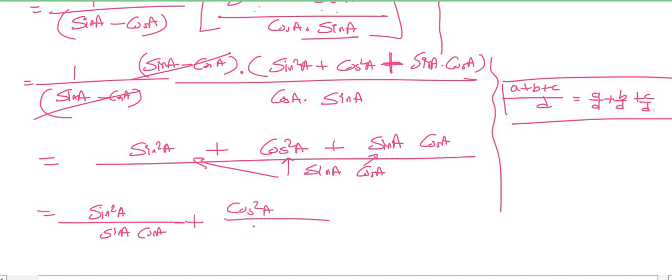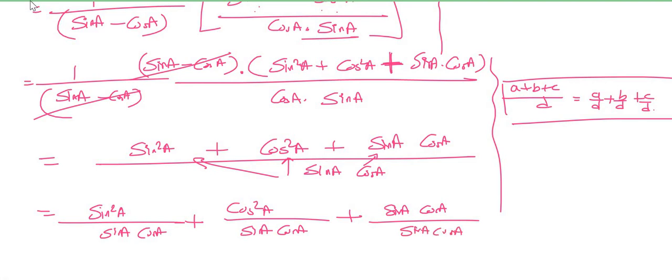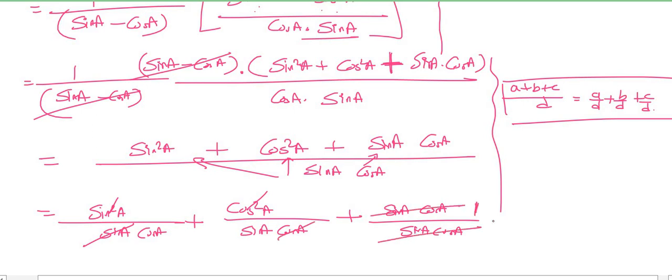Practice it 2-3 times. By sin A cos A plus sin A cos A by sin A cos A. I feel 1 power of sin will cancel, 1 power of cos will cancel and this whole will cancel by 1. Correct?